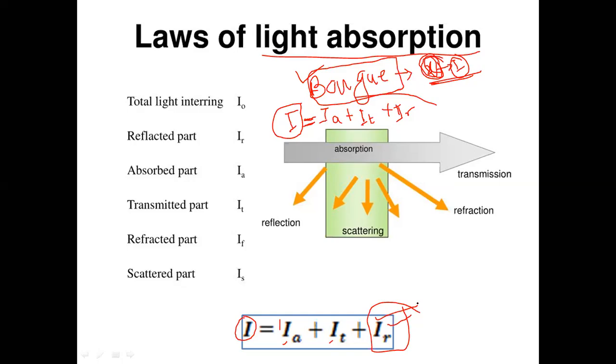That's why the reflection is very negligible, so we skip this term, है ना, याला आपण skip करणार. So the incident light is used by the medium in only two ways: some light is absorbed and some light is transmitted.